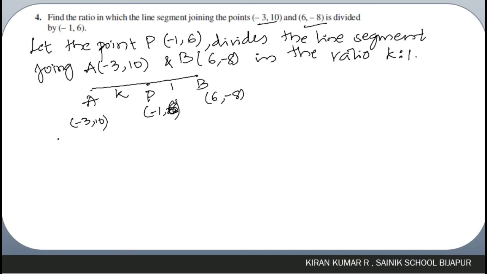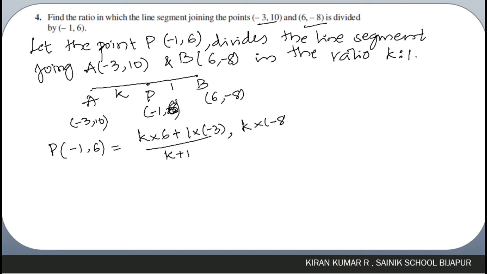Now using the section formula, I have P -1, 6 will be equal to (k times 6 plus 1 multiplied by -3) divided by (k plus 1), comma (k multiplied by -8 plus 1 multiplied by 10) divided by (k plus 1). Now I need to simplify this.